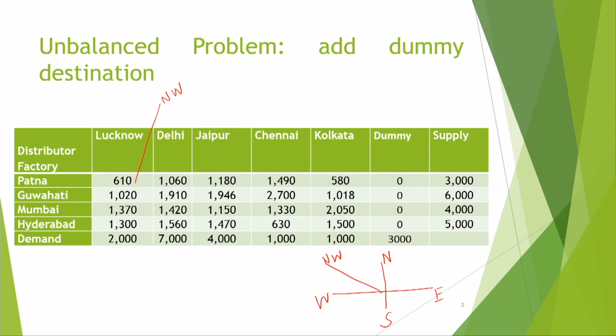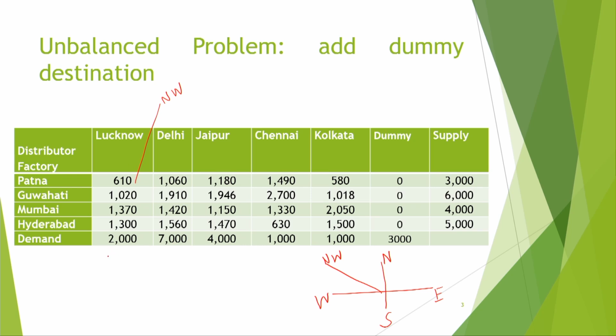So what is the first step? You have to allocate as much as you can in this cell. What amount should I allocate? Patna produces 3,000. Can I put 3,000 here? No, because Lucknow demands only 2,000.